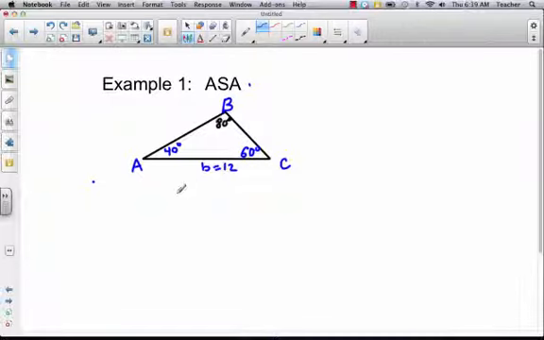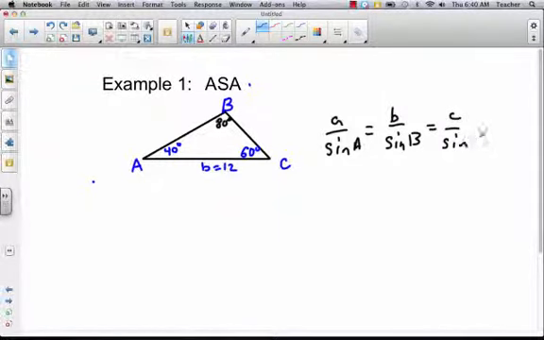Now here's how we utilize the law of sines. We'd be unable to use the law of cosines because you have to know at least two sides to use it. Remember, the general form is A over sine of angle A is equal to side B over sine of angle B is equal to C over sine of angle C. In this case we want to find side A. We don't use all three ratios, just two of them.